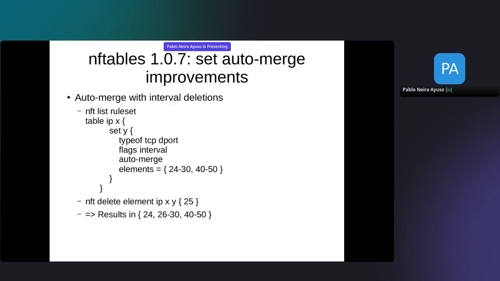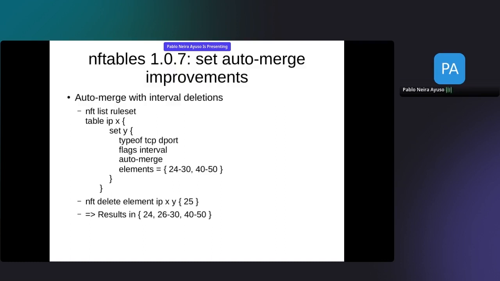Because the auto-merge flag is toggled, this delete is going to request the kernel to remove the 24 to 30 interval and add one single element, which is 24, then another range, which is 26 to 30, and the existing range is left untouched.